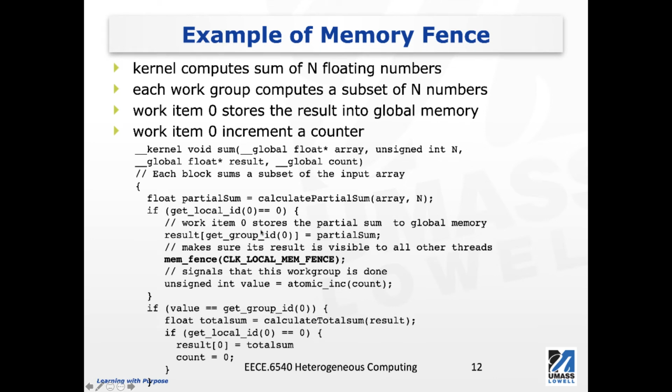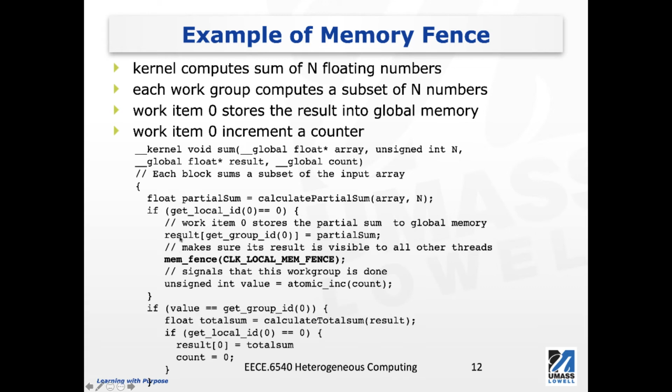Now, this assignment instruction, this line of code, will be translated into a write operation to the global memory, whereas this line of code will trigger an atomic instruction on one of the variables in the global memory.